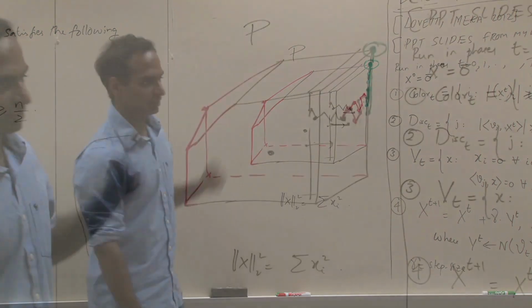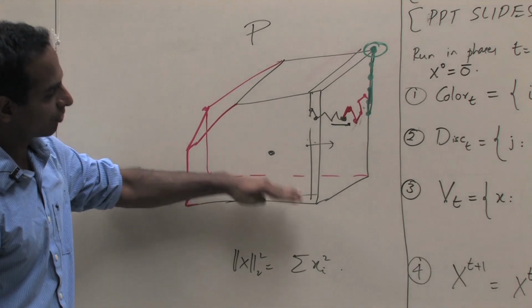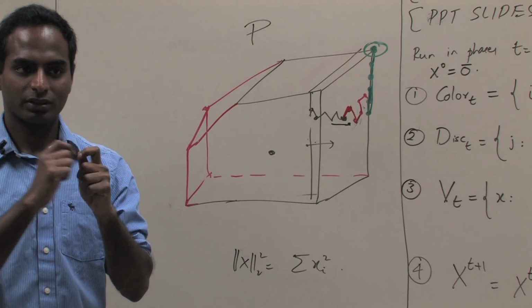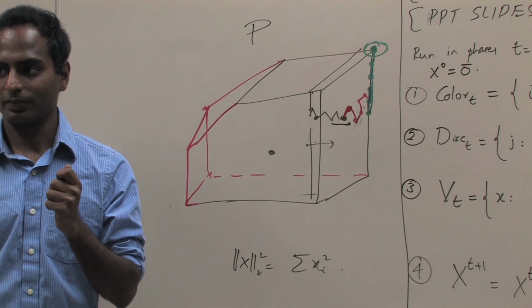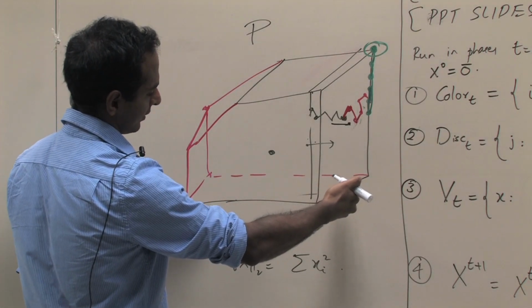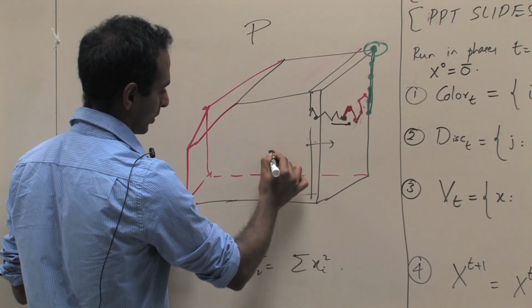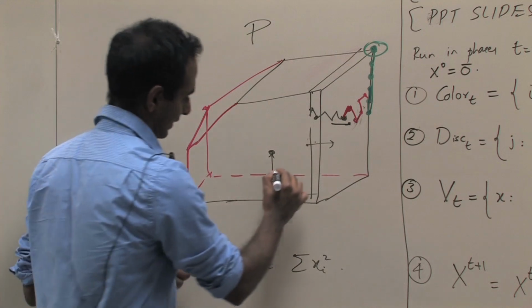If this is the origin, how far is the face of a cube from the origin? If I draw the perpendicular from the origin to the cube, how long is it? Let's say this is the face x1 equals minus 1. What's the length of this perpendicular? 1, exactly, right?